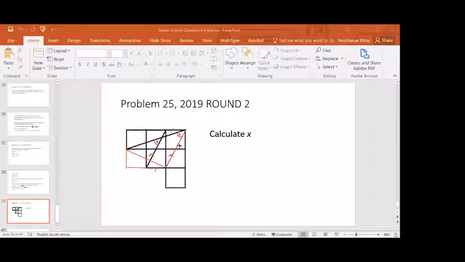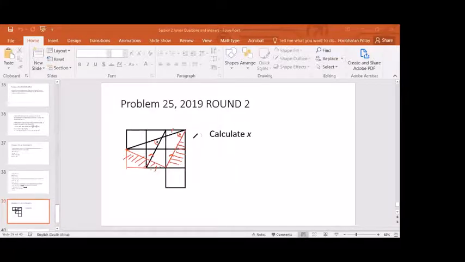Okay, so let's explain why these two are equal. They are equal because if you look at my picture, and if I compare these triangles here, that one and that one, you will see those two triangles are congruent. You see?